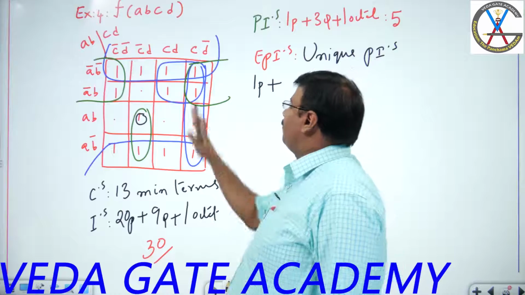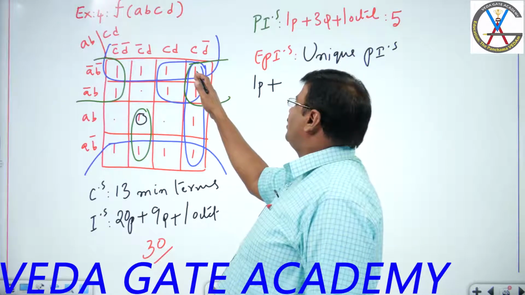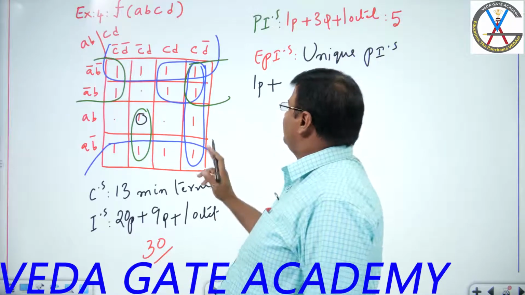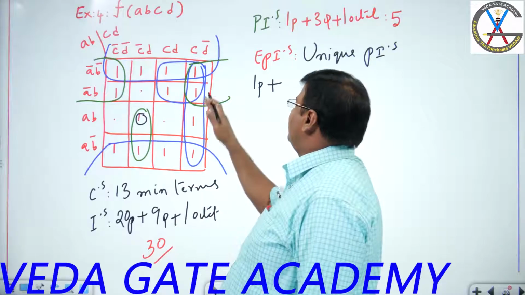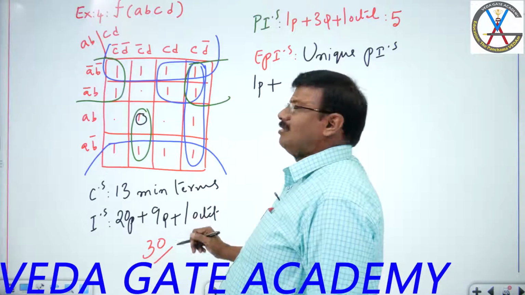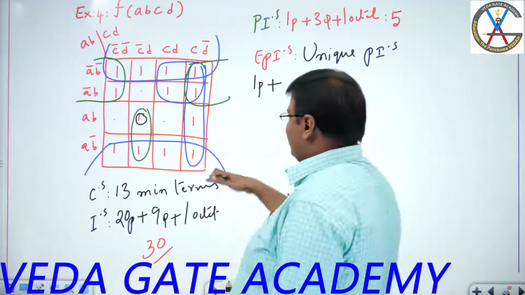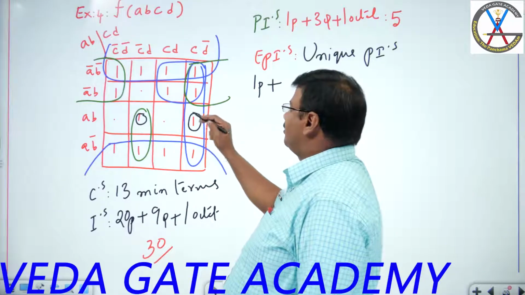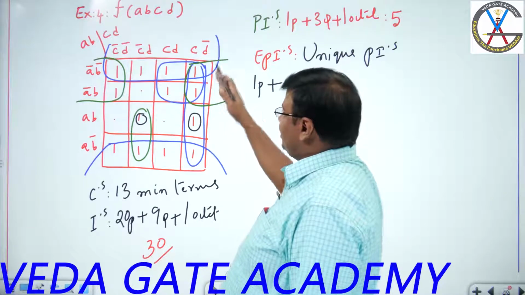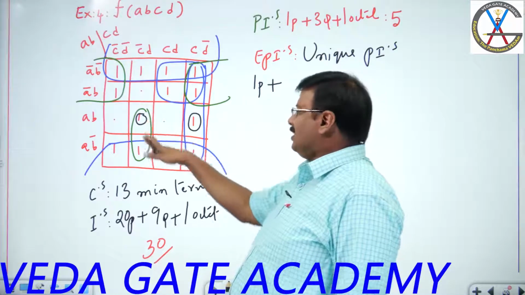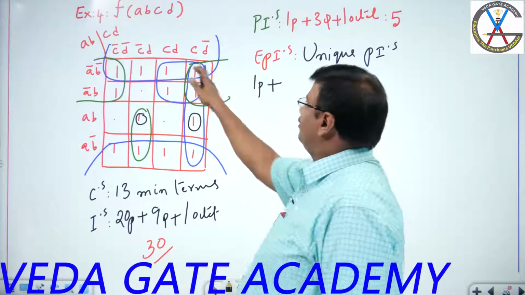Plus quads. In this quad, for this square, I can also take like this. For this square, I can also take like this. For this square, I can also take like this. And the square which has no option except only this quad is this. Because of this, this is unique. Next, this one.